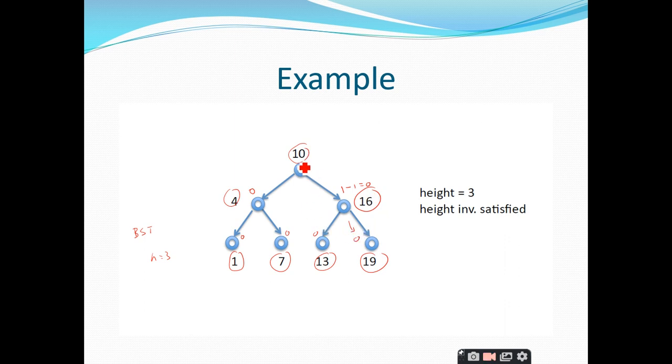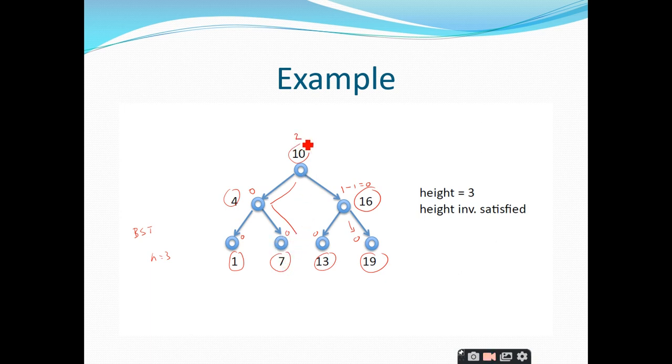When you go to the root node and consider the balance factor here, you can observe that the height of the left subtree of 10 is 2, right? This is one path and this is the second path. So the longest path from the root node to the leaf node is called the height.